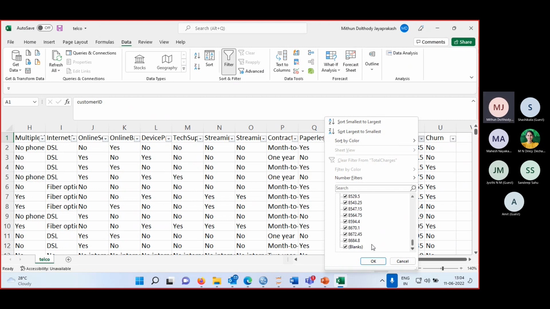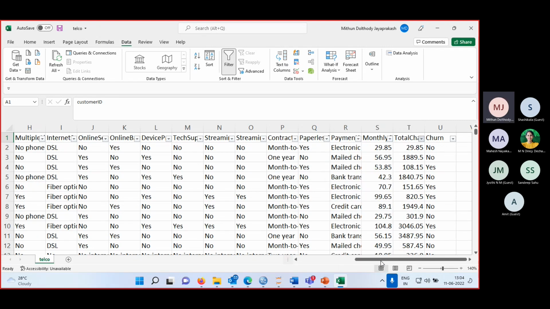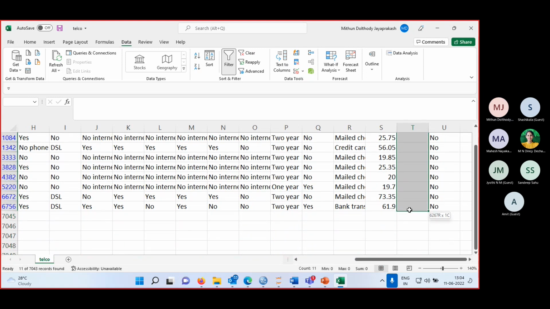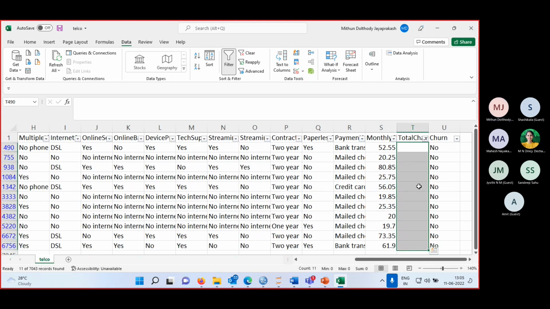Do you see here? There are a few blanks here. When I click on this particular variable and select blank cases, there are at least 8 blank cases. Sorry, 11 blank cases if I'm right, which is going undetected.